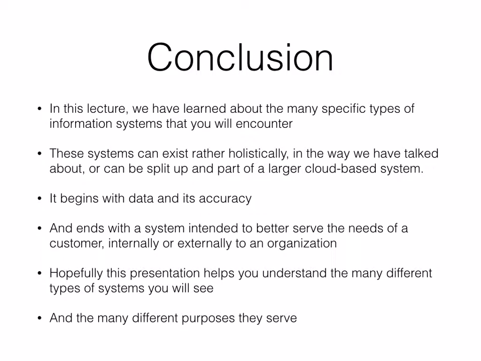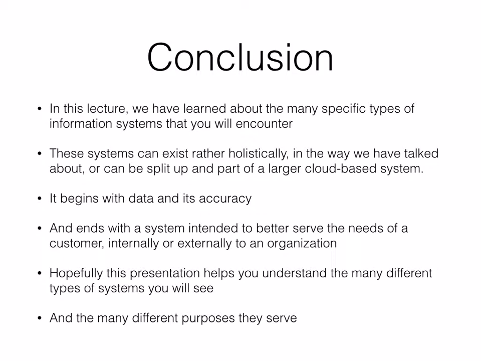So these systems can exist rather holistically in the way we've talked about, or can be split up as part of a larger cloud-based system even. Your financial can be in the cloud while you could have an internal ERP for human resource and payroll management, for example. And so it really all begins with data and having accurate data.